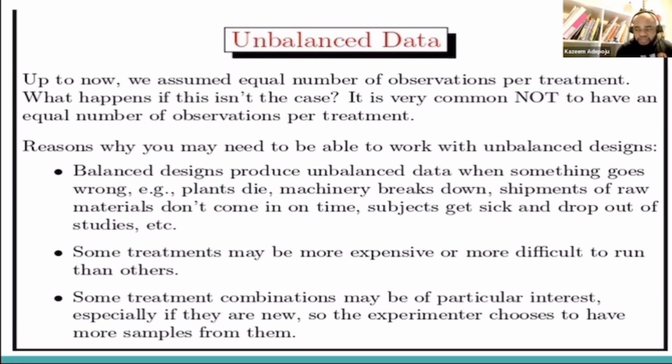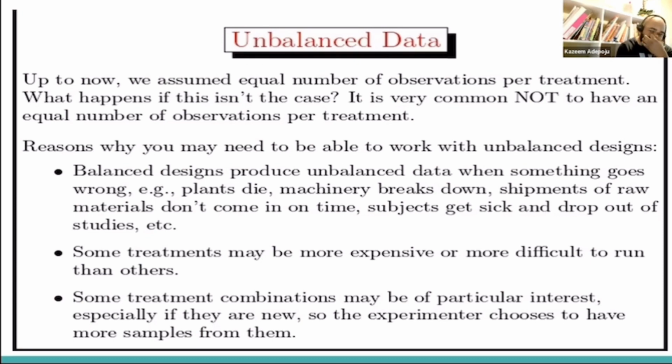Of course, we have several reasons why that can happen. We live in a stochastic environment, a probability space, and we have reasons why we could have unbalanced data. Number one, balanced designs produce unbalanced data when something goes wrong. We live in a world of surprises, right? What if you're working on plants and certain plants die?